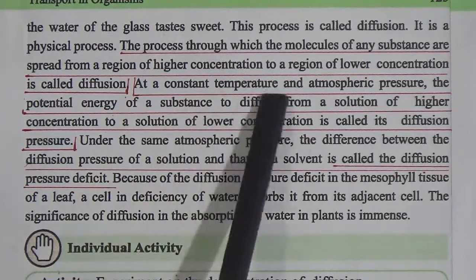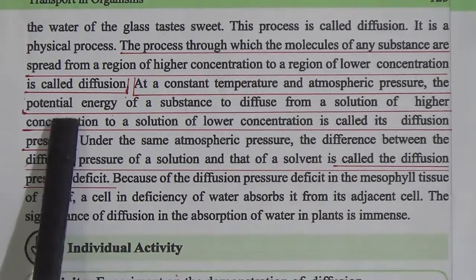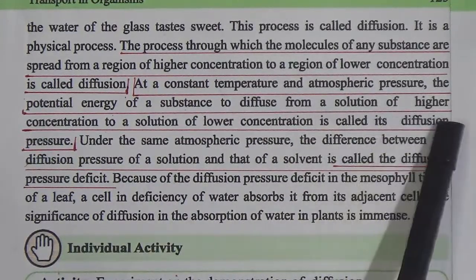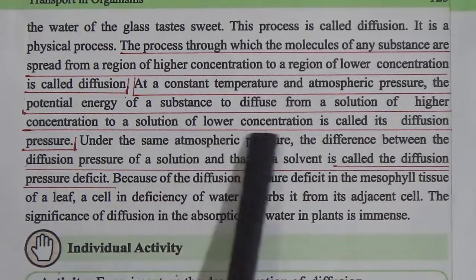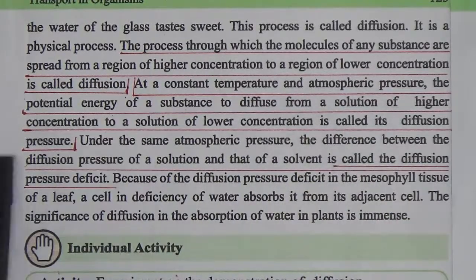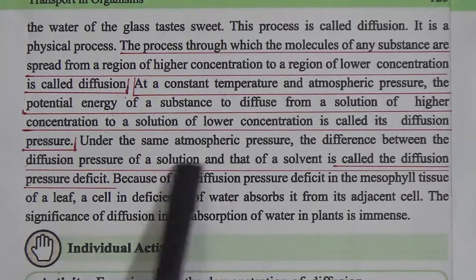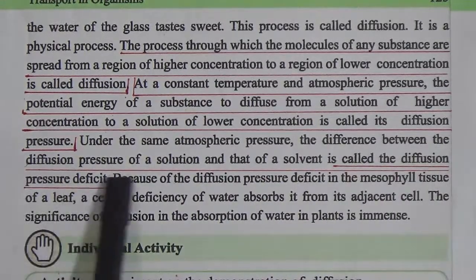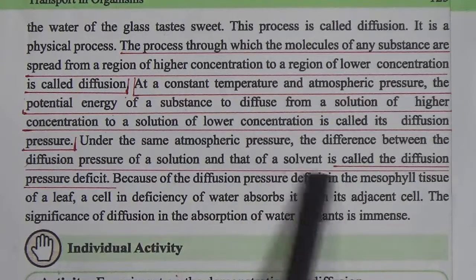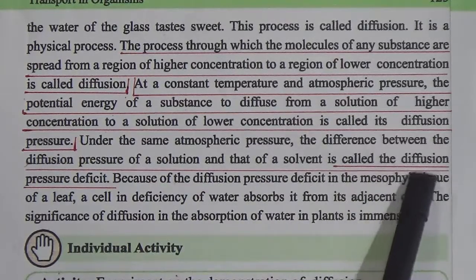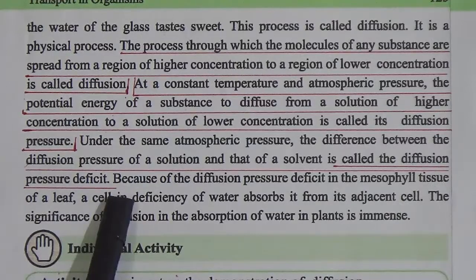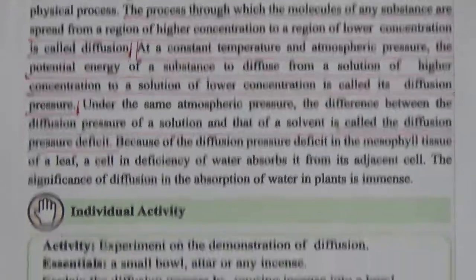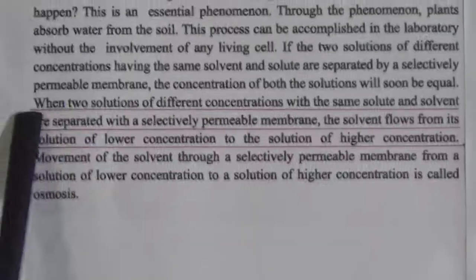At a constant temperature and atmospheric pressure, the potential energy of a substance to diffuse from a solution of higher concentration to a solution of lower concentration is called the diffusion pressure. And under the same atmospheric pressure, the difference between the diffusion pressure of a solution and that of its solvent is called diffusion pressure deficit.